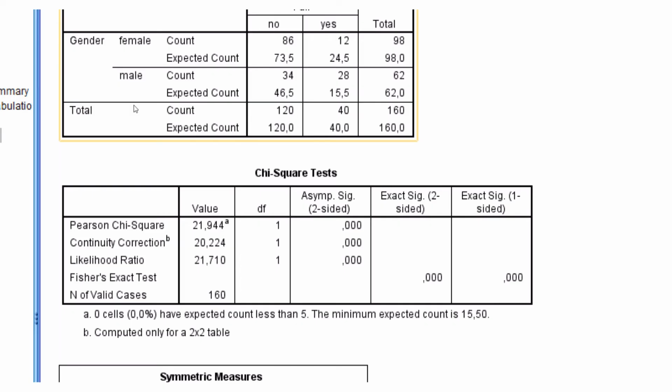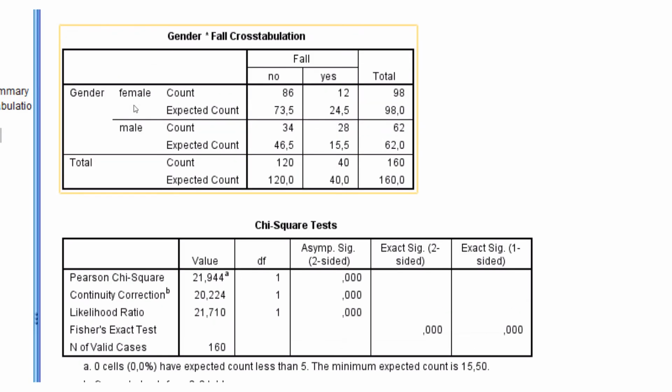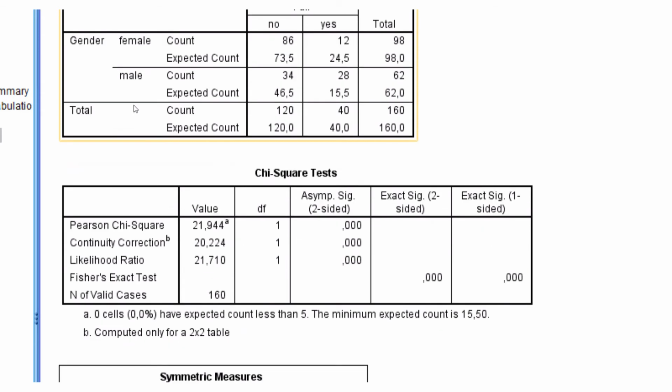And then, as you can see, one important thing to note is that SPSS always gives you all the possible results. However, you have to select what suits your methodology, let me put it that way.